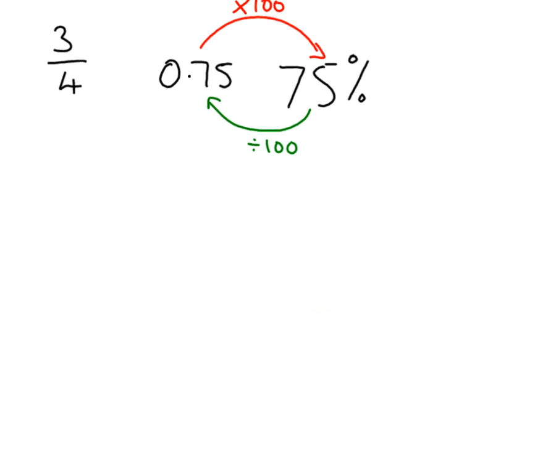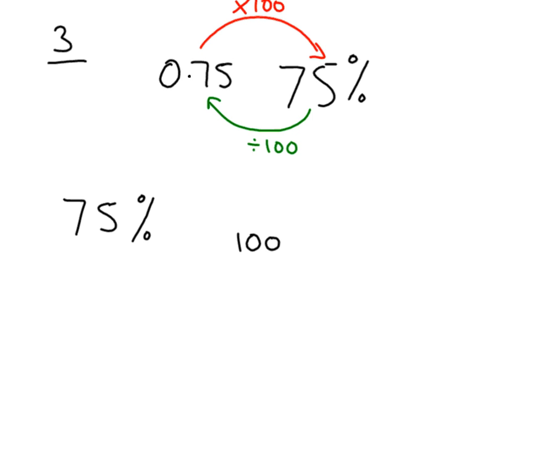The next question is, how do we get from 75% to 3/4? To do this, we take our 75%, and a percentage means out of 100.